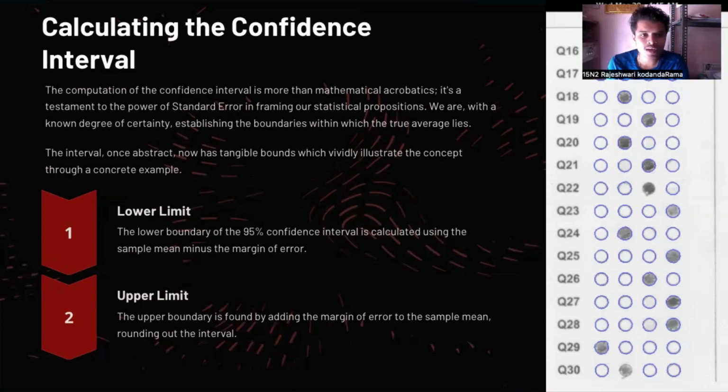The interval, once abstract, now has tangible bounds, which vividly illustrate the concept through a concrete example. The first one is the lower limit. The lower boundary of the 95% confidence interval is calculated using the sample mean minus the margin of error. And the second one is the upper limit. The upper boundary is found by adding the margin of error to the sample mean, rounding out the interval.